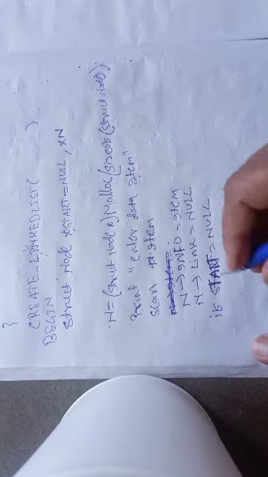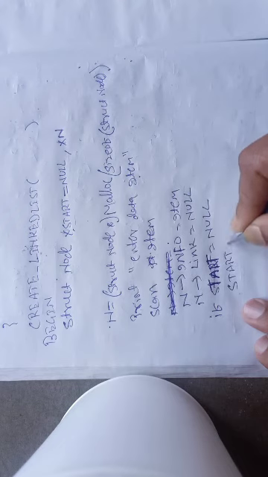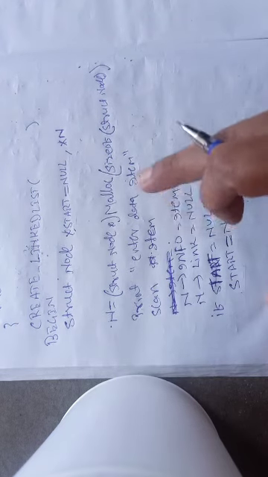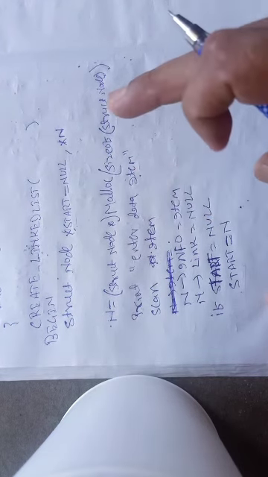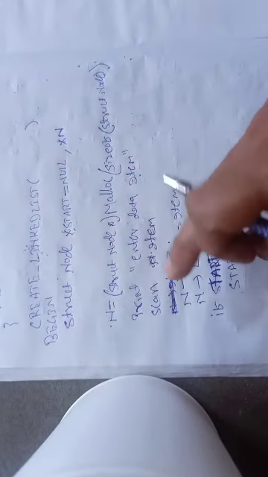If start equals null, then what to do? Start equals n. Which indicates that the moment you have created a node and you realize that the value of start is null, then the address of that node must be stored in start to indicate that this is the first node in the linked list.